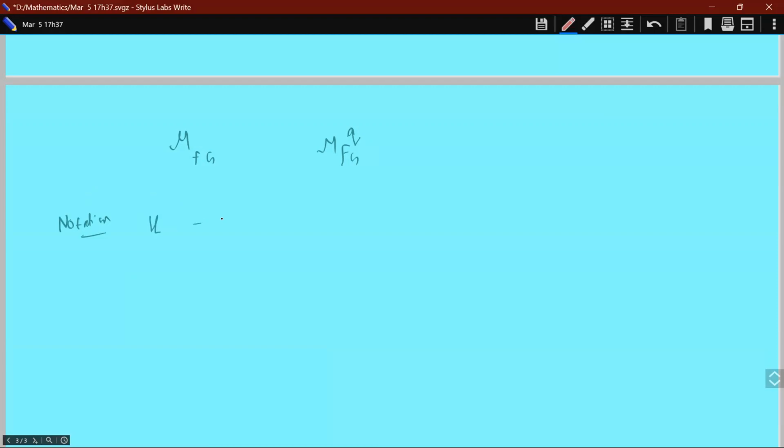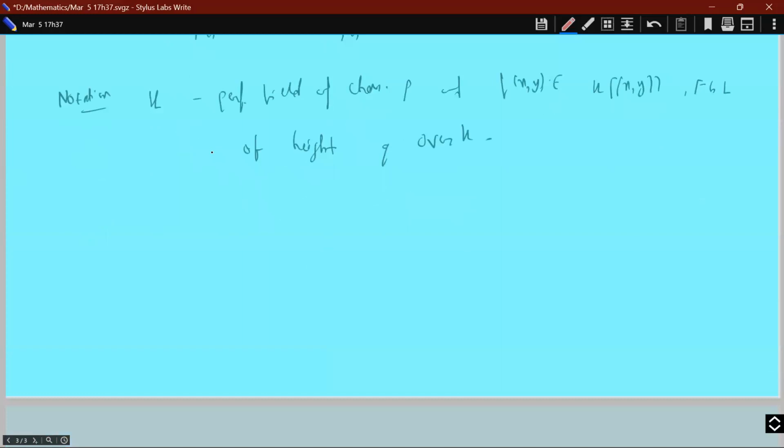K is a perfect field of characteristic p, and there is a formal group F of height q over K. So we define infinitesimal thickenings.